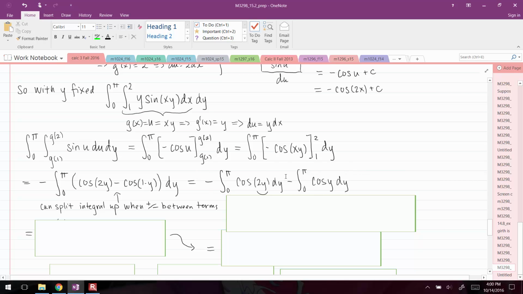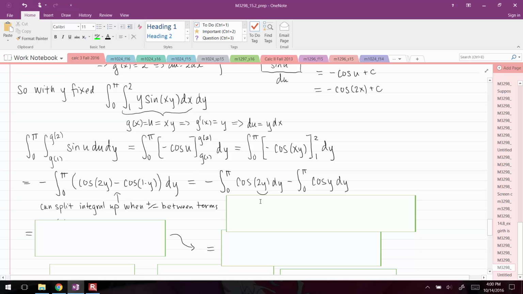Looking at just this first integral, did I forget to distribute my negative? I think I did. It looks like I forgot to distribute my negative, so if I distribute this, it's going to be plus right here.